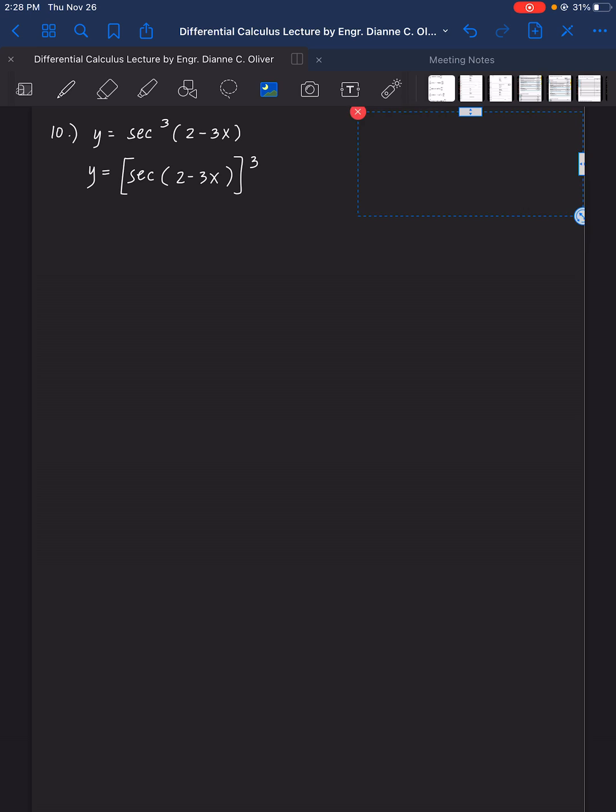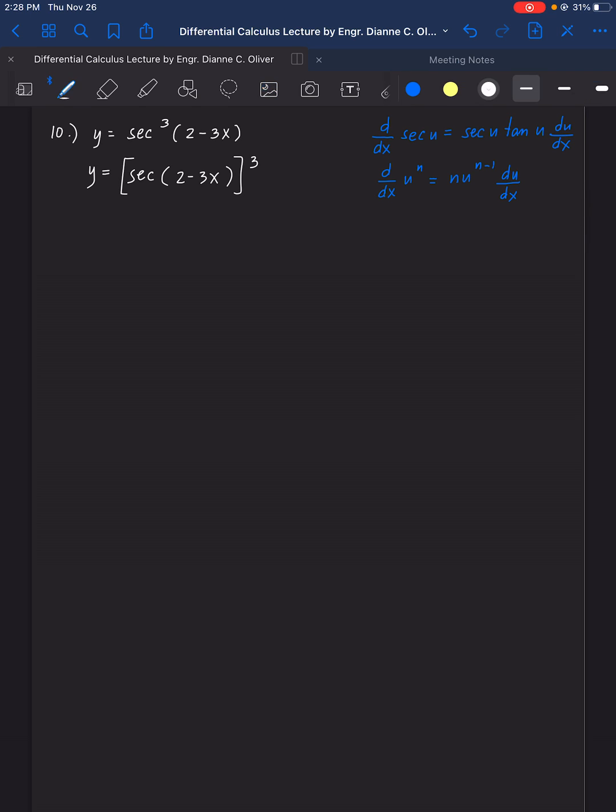Okay, then let's use this pattern. For the derivative of secant u, we have the answer secant u tangent u, then derive what is the u. In this case, our u here is the angle of secant 2 minus 3x and not included the 3. Then power formula because of the presence of exponent.